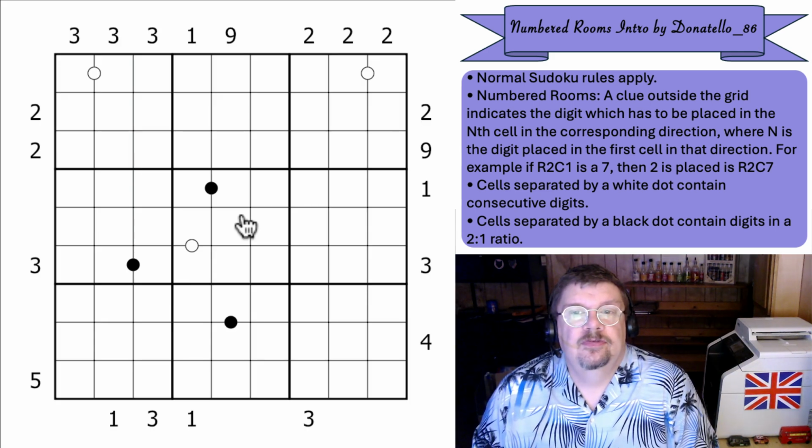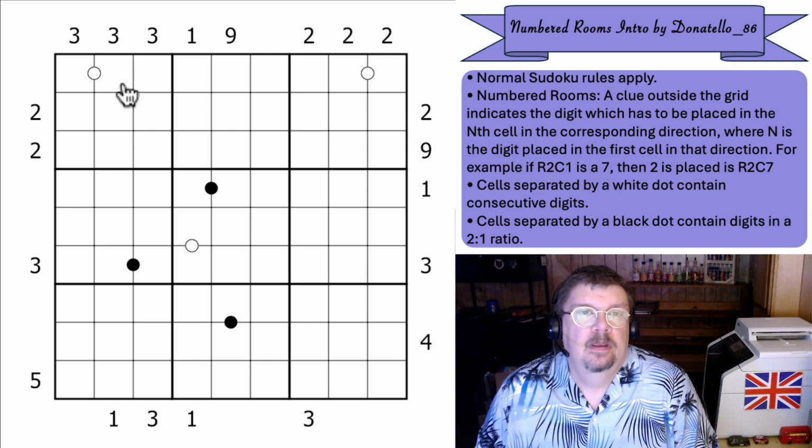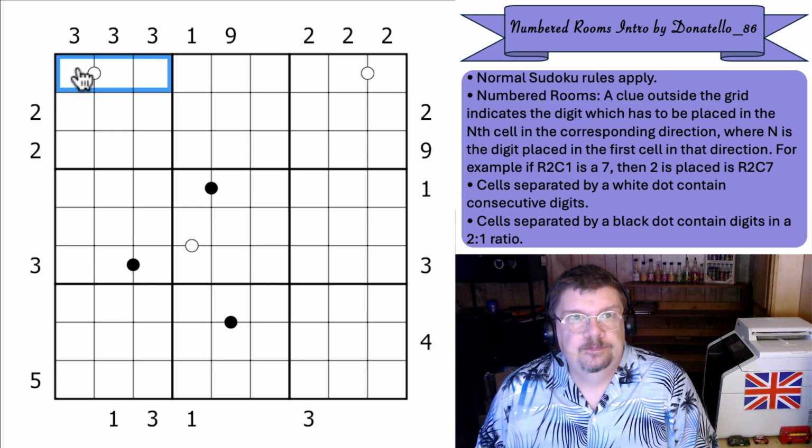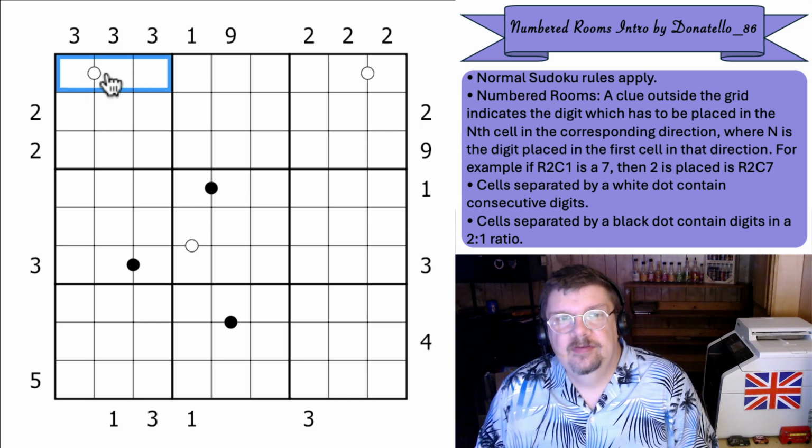Where do I want to start? Well, I see that we've got 3 3s up here and we've got 3 2s up there. And that is going to be interesting because where can I put the 3 3s? And therefore, what are these digits?